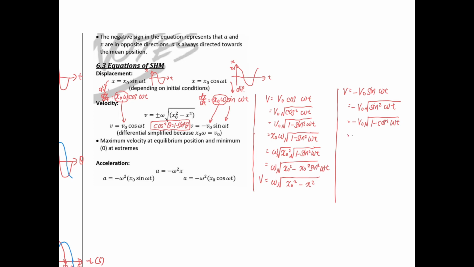Then the v naught is actually x naught omega times the square root of 1 minus cos square omega t. Then I purposely change the x naught to x naught power 2 and square root. I create the square root so that I can combine with the square root at the back there. Now both have square root, so I can put it inside and multiply x naught square with both terms at the back.